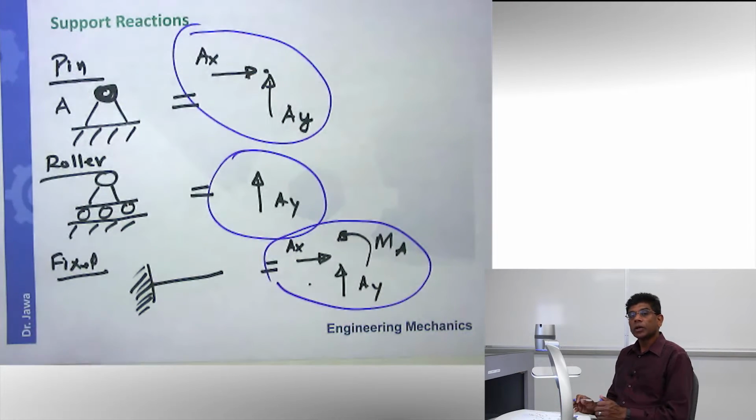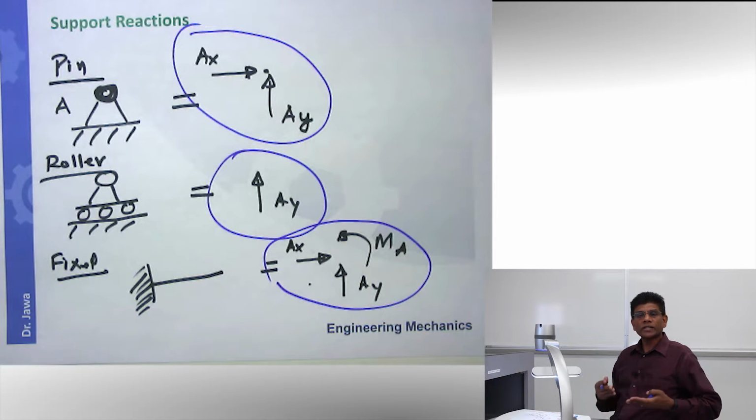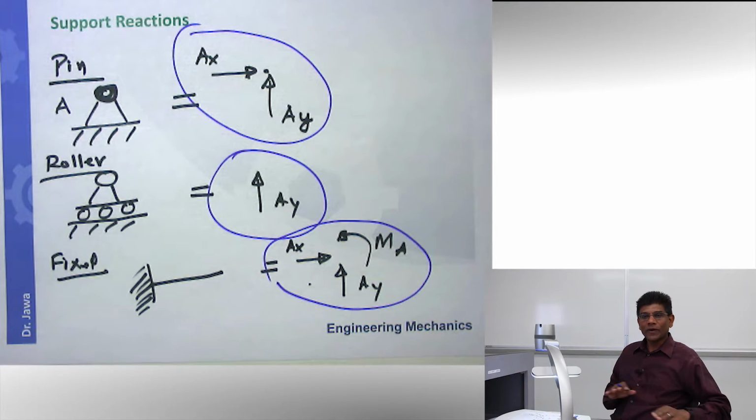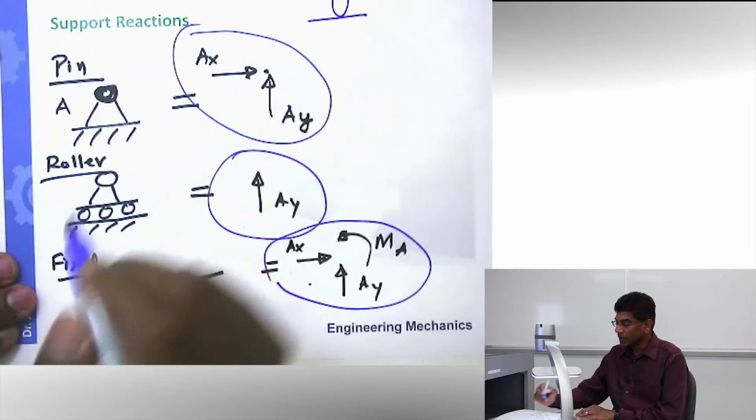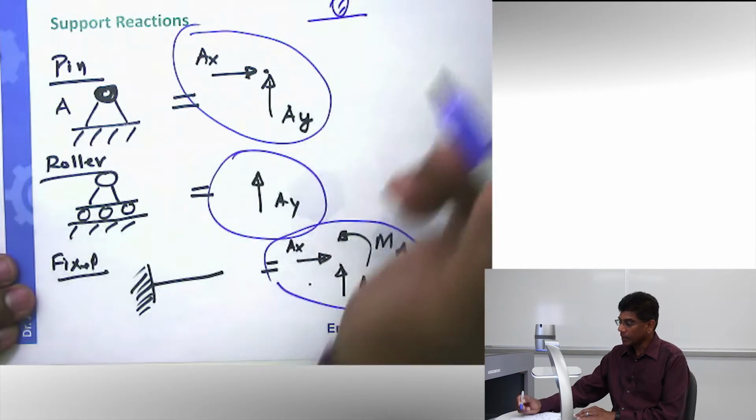In addition, you will also hear about a smooth surface. A smooth surface is like an icy surface, and if you stand on it, obviously the surface supports you because you're not going down, but it doesn't help you in keeping your motion away from X or Y direction. In fact, you can move along, and therefore a smooth support can be represented simply as a floor like this, and this is a body.